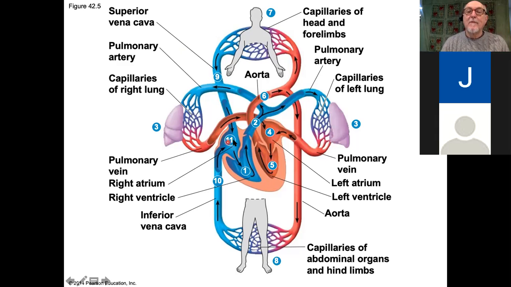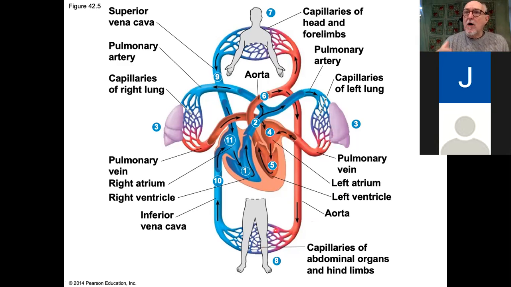The other major branch of the aorta carries blood to the rest of the body, all the way along here. They haven't drawn it, it's just simplified. All the way along here, there are branches which go off to the different organs. It's just shown as this capillary bed, but realize that it becomes very, very complex because it's supplying all of the organs of the body.